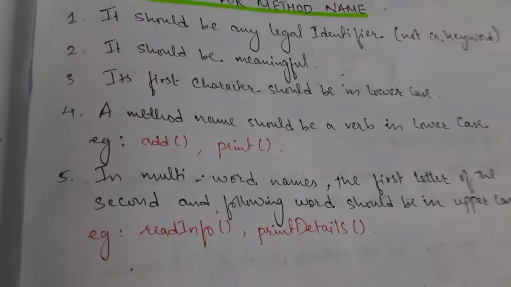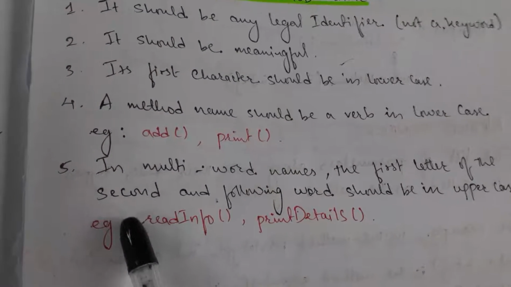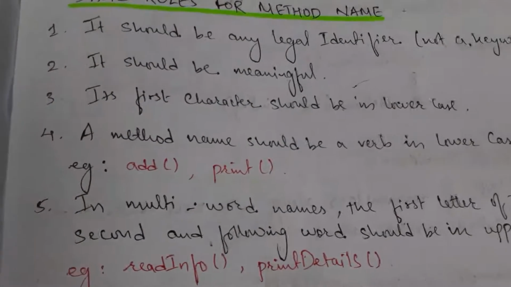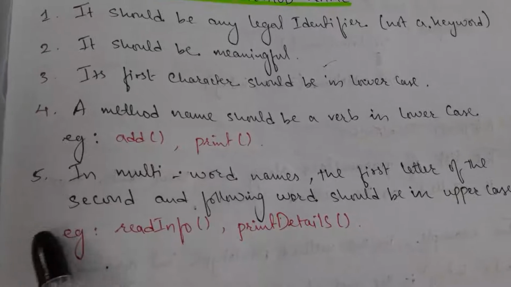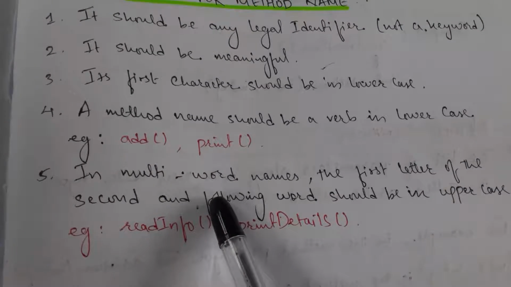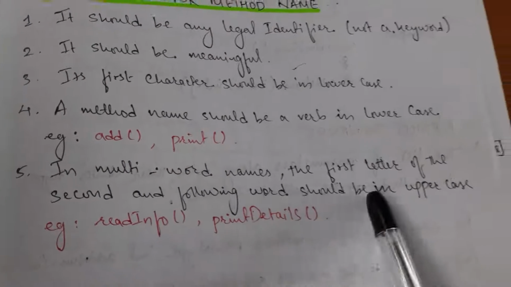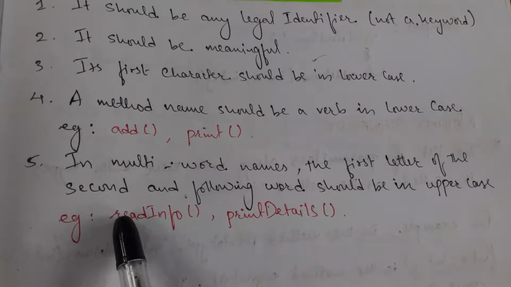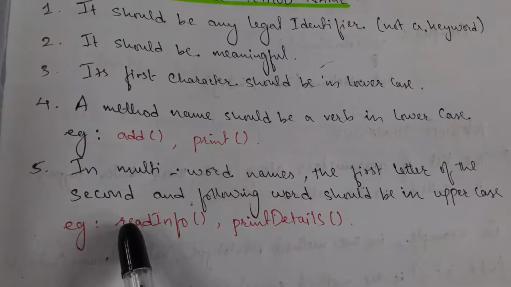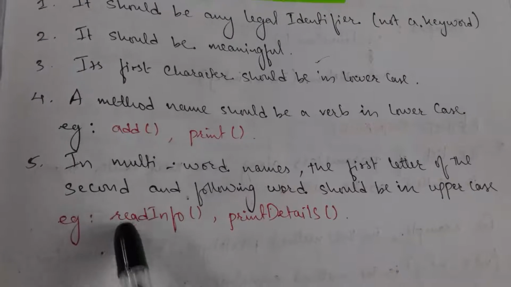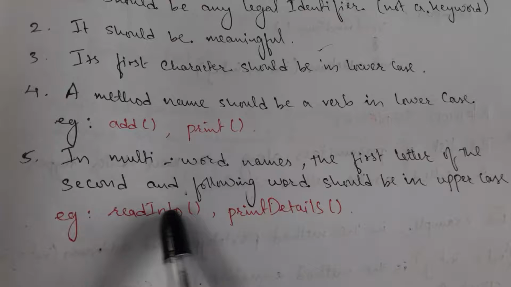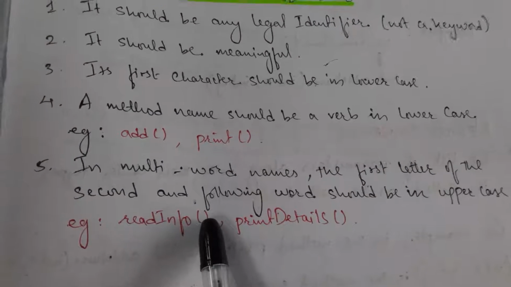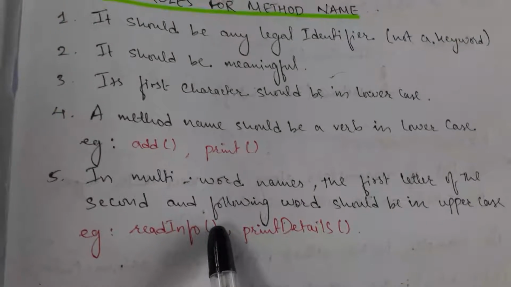All right, and the last rule that you have to remember is whenever we are using a multi-word method name, the first letter of the first word should be in lowercase, and the second word should start with uppercase. This is how we have to write whenever we are dealing with multi-word names for a method.